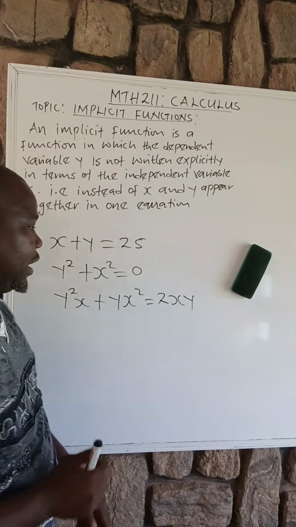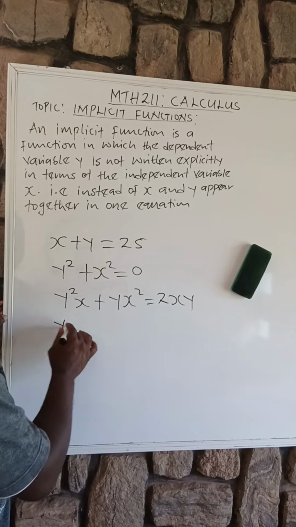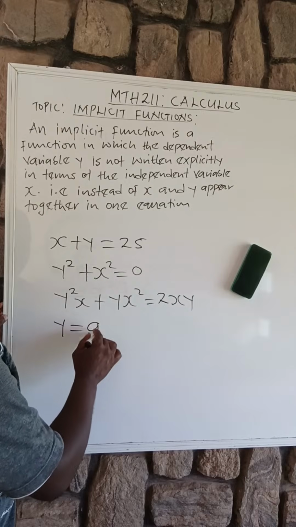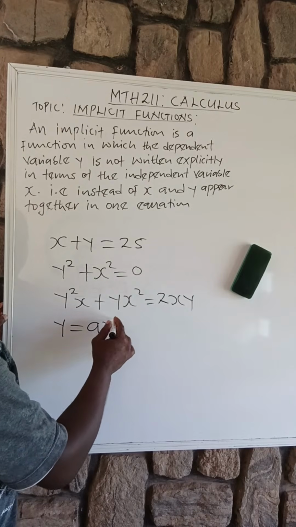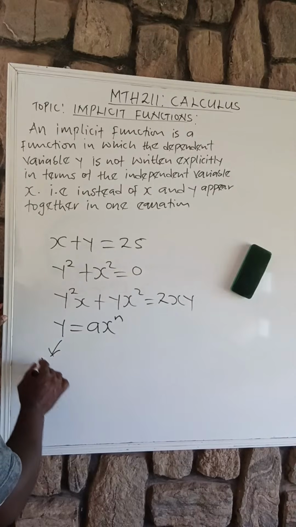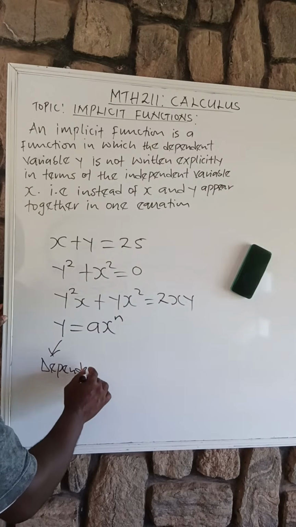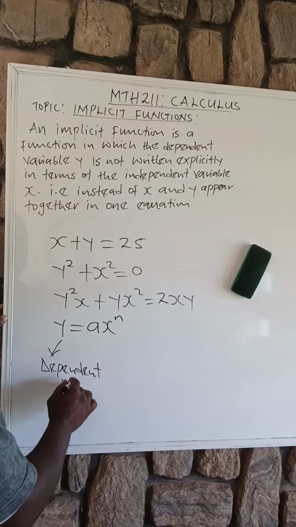You know, in class, I told us that when we have y equals ax raised to the power of n, true or false, we call this y the dependent variable, isn't it? That was yesterday, dependent variable.